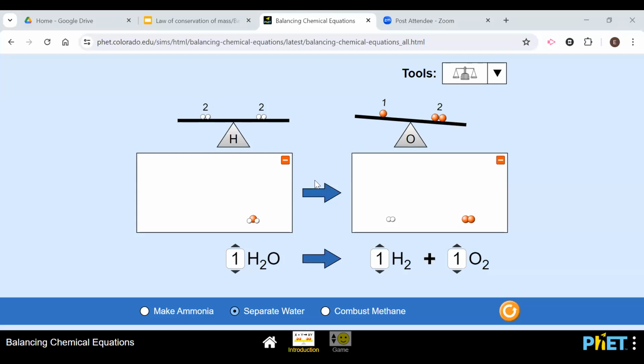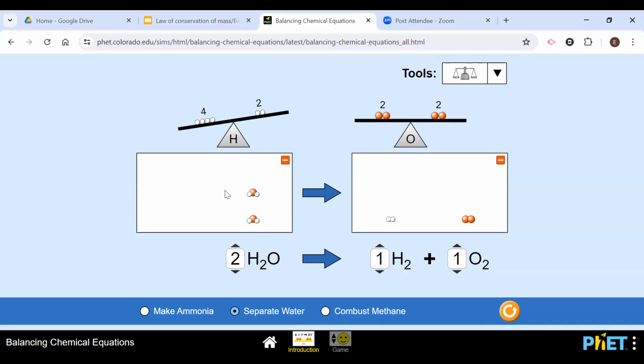Okay, for this one, hopefully you tried. Let's do it together. I tell you to always look at the more complex one. You see this one? Everything is equal here, but oxygen is not. The left side is telling me there's only 1 and this is 2. So I add this.